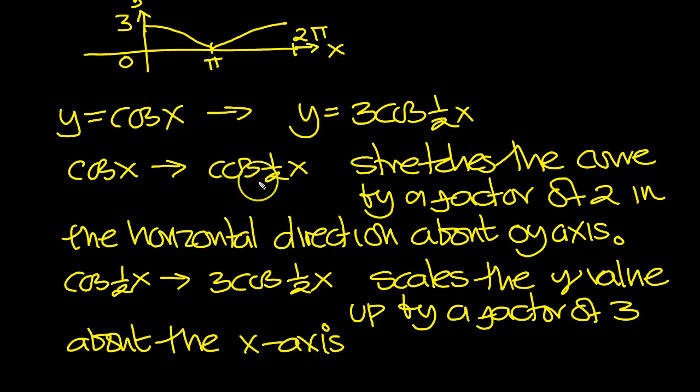So you got this one, it stretches it horizontally by a factor of 2, and then after that, if you then go from this plot to this plot, it's going to scale it up vertically, so the better word is vertically, isn't it? Value vertically by a factor of 3, about the x-axis.